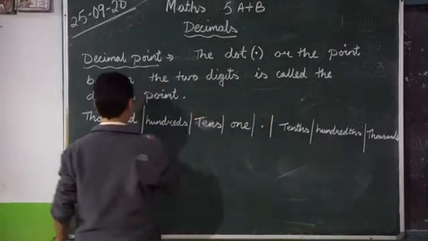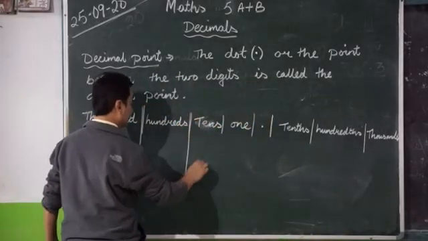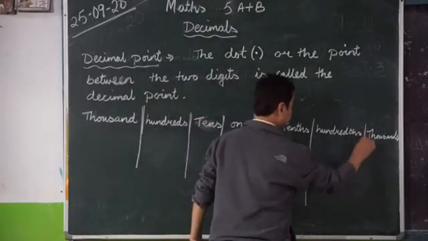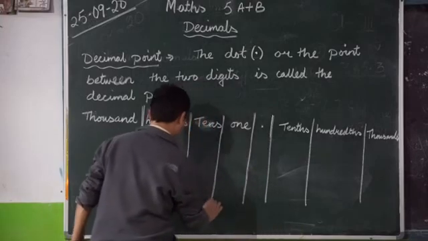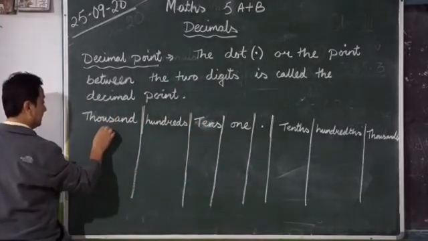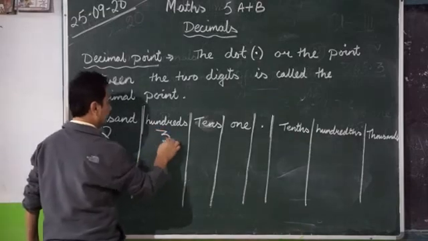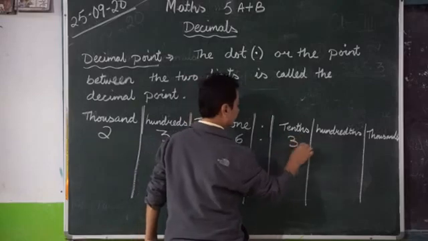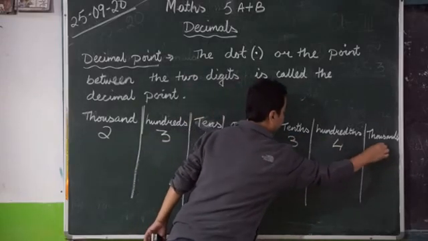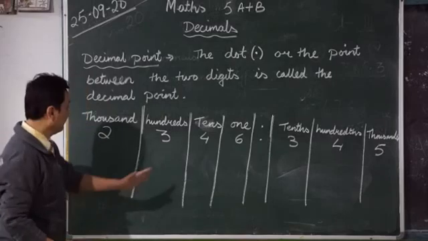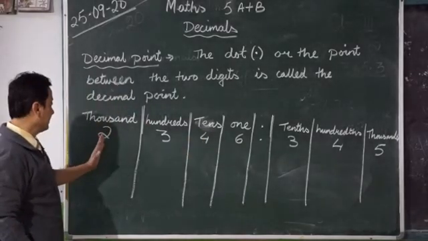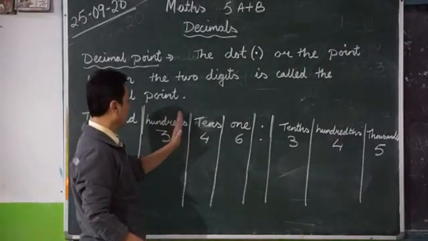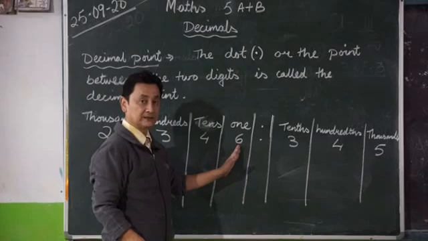Now, let me explain different ways we write the place value. So, let me write the number 2,346.345. Okay? So we read before the decimal point, we read the number as 2,346.